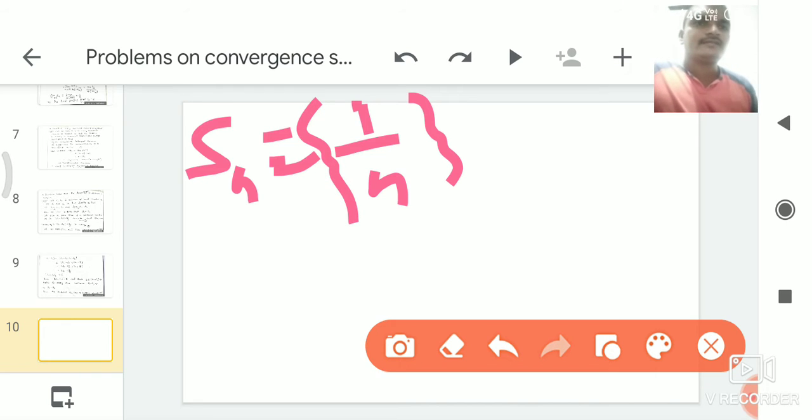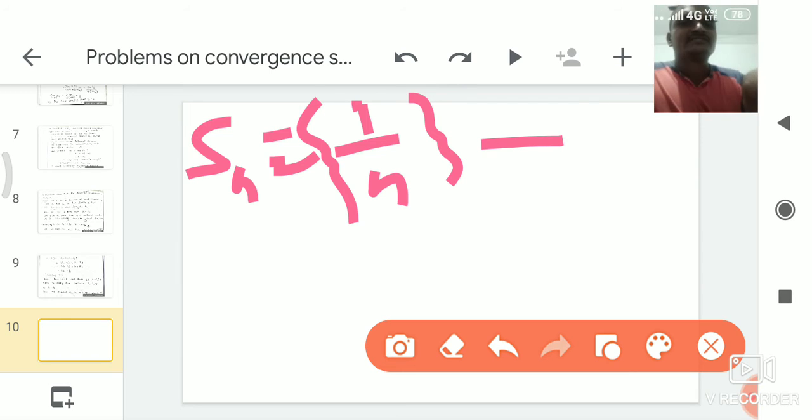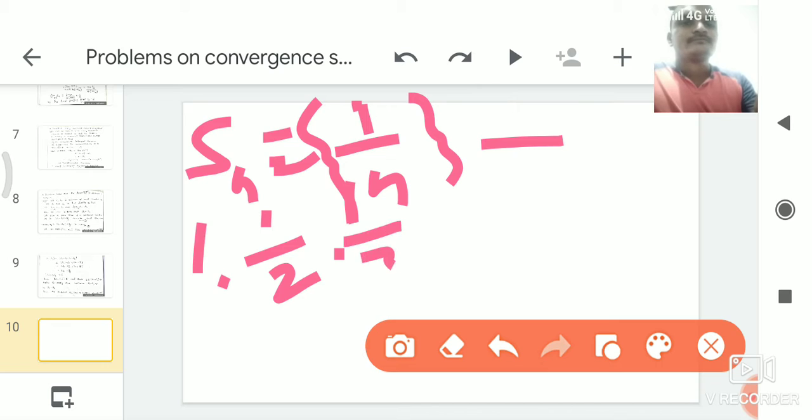Already we have seen the sequence must be convergent. Now we check whether the sequence is bounded or not. For that we find the lower bound and also the upper bound of the sequence. First we write the terms of the sequence: 1, 1 by 2, 1 by 3, 1 by 4 and so on.